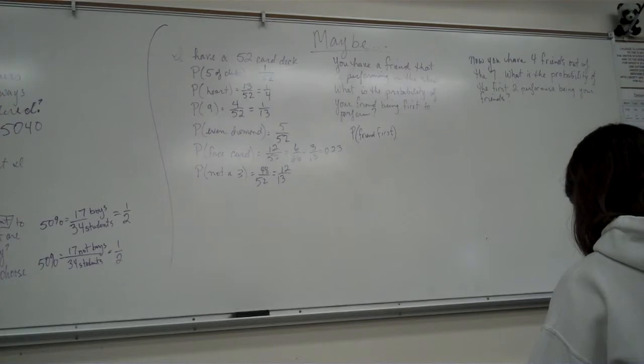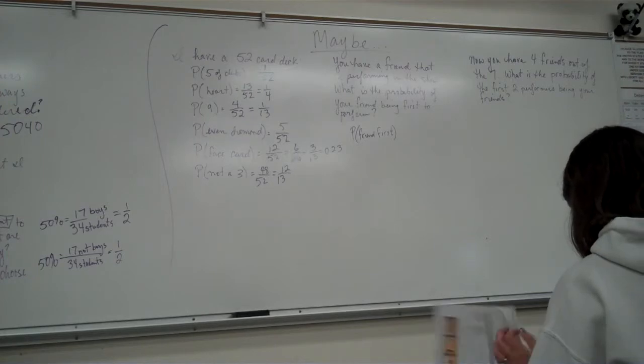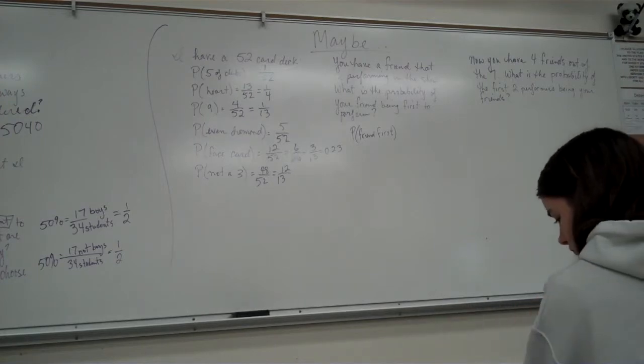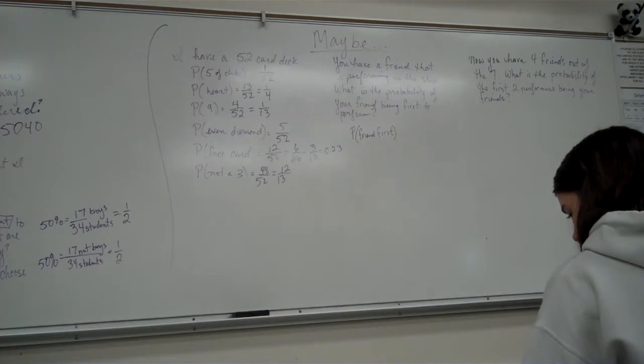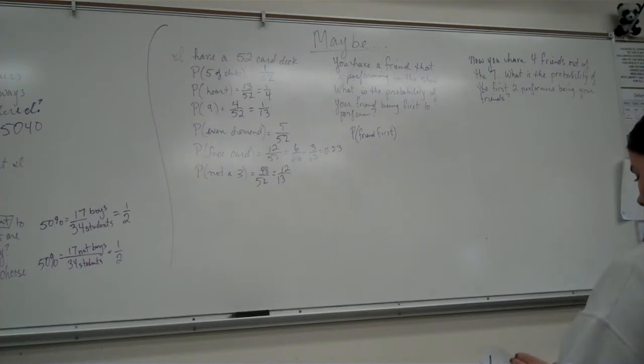Yeah, it kind of does. Because this is the total possibility, so this would be the denominator. Then we have to get a numerator that tells how many different ways our friend could be in the front. So basically, questions that deal with everyone will have a factorial, and questions that deal with just one person will have 1 over whatever.